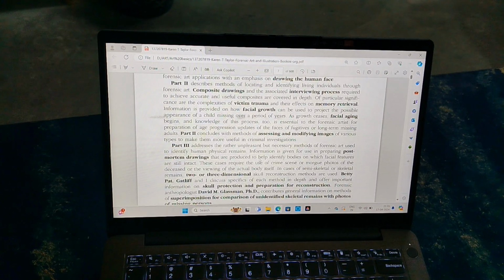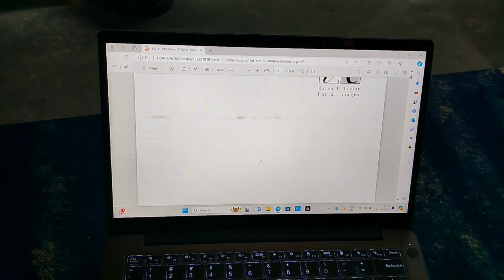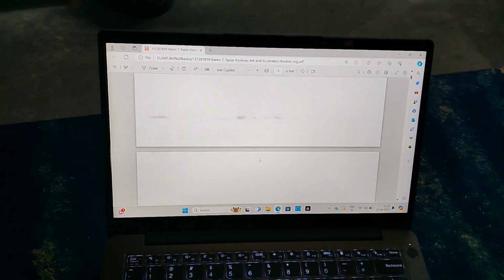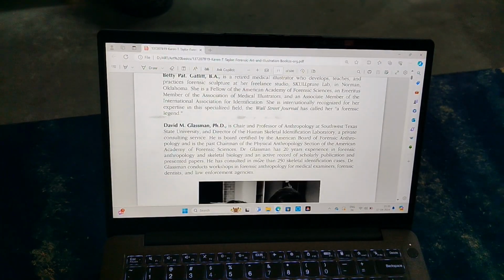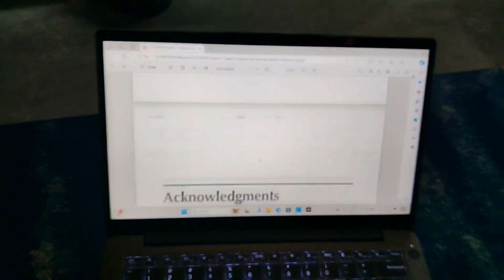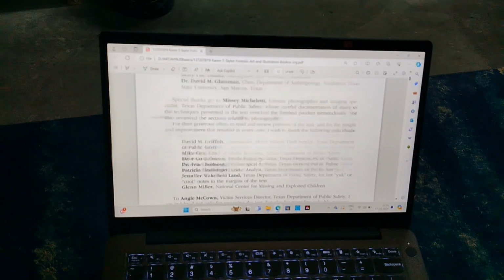It's a very interesting book where we can understand about the composite drawing, where we used to see in many detective serials that a sketch artist is given a description about a criminal and he or she used to draw the sketch.